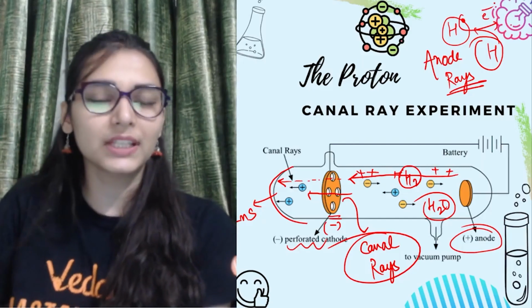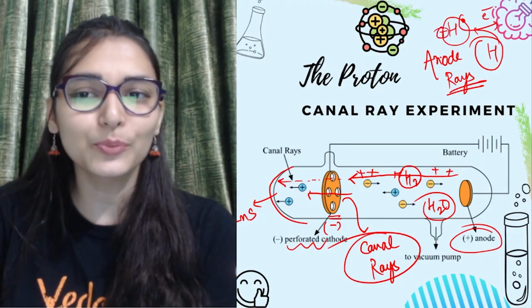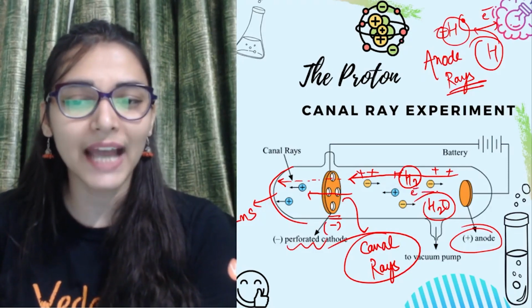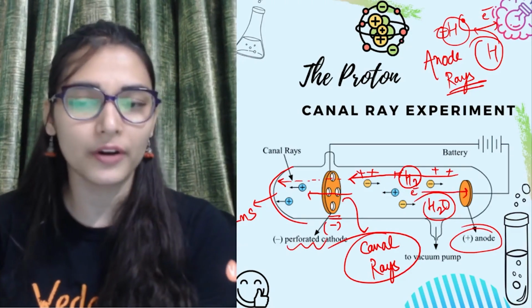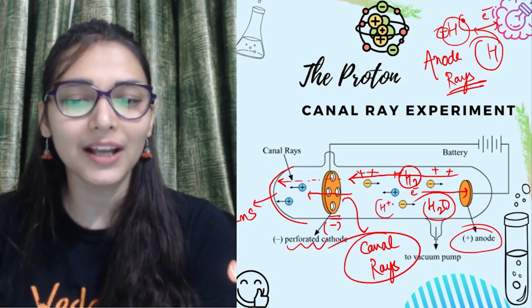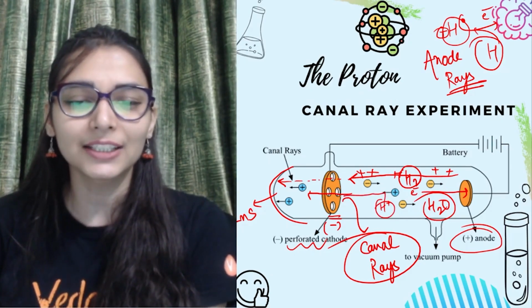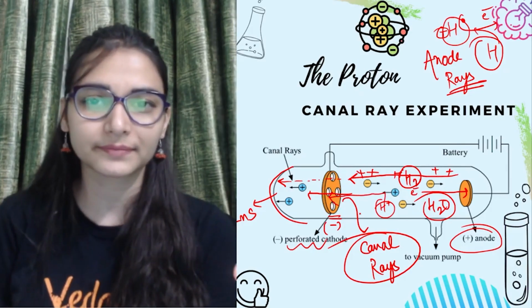When hydrogen loses one electron, it acquires a positive charge. The electron starts moving towards the anode, but the leftover atom becomes a proton, a positive charge, and it is attracted to the negative cathode.